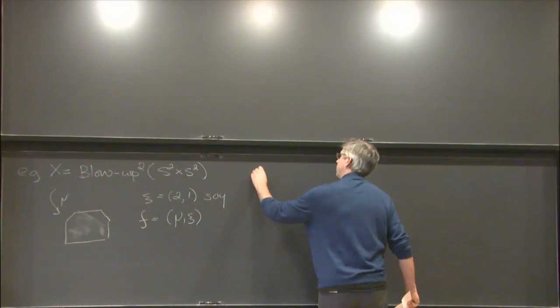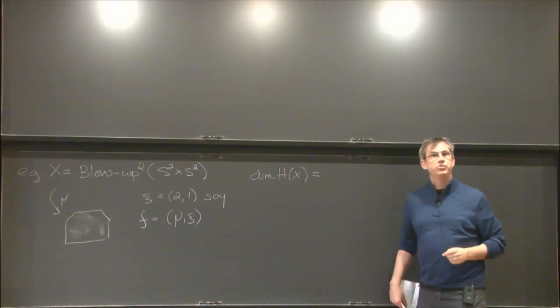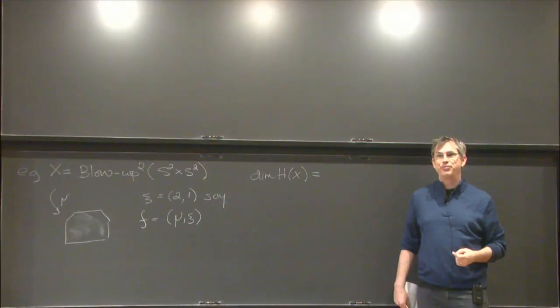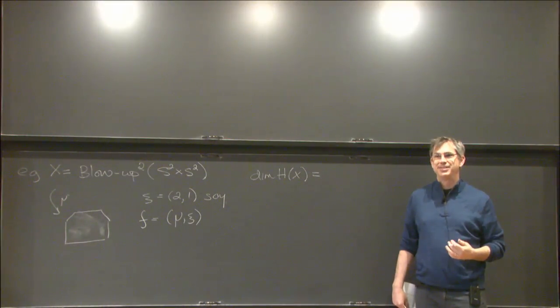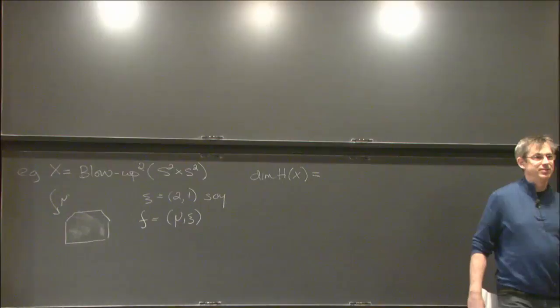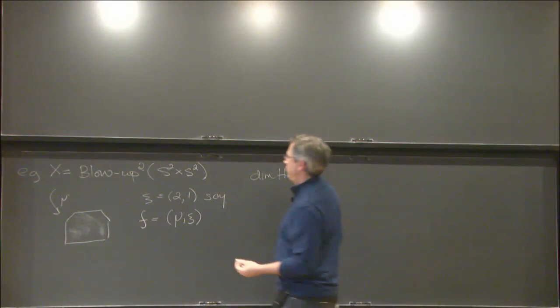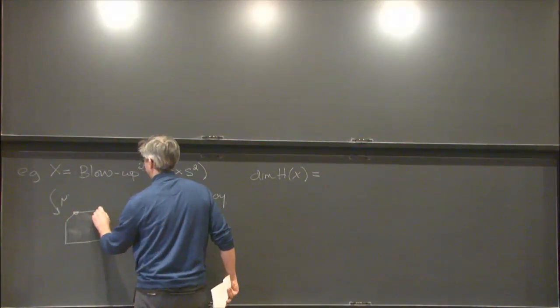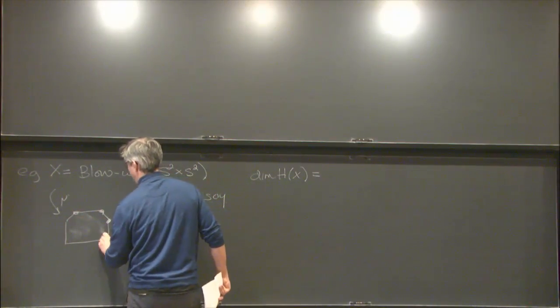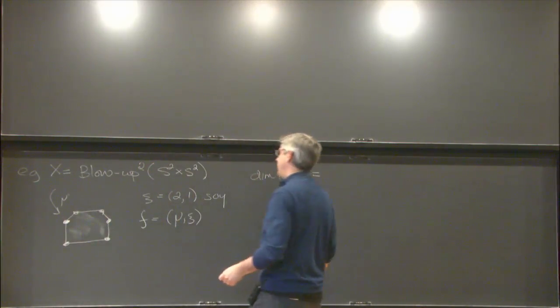So let's just see whether people are awake. The dimension of the cohomology is 6, because the critical points are the fixed points of the torus action. So they're 1, 2, 3, 4, 5, 6.